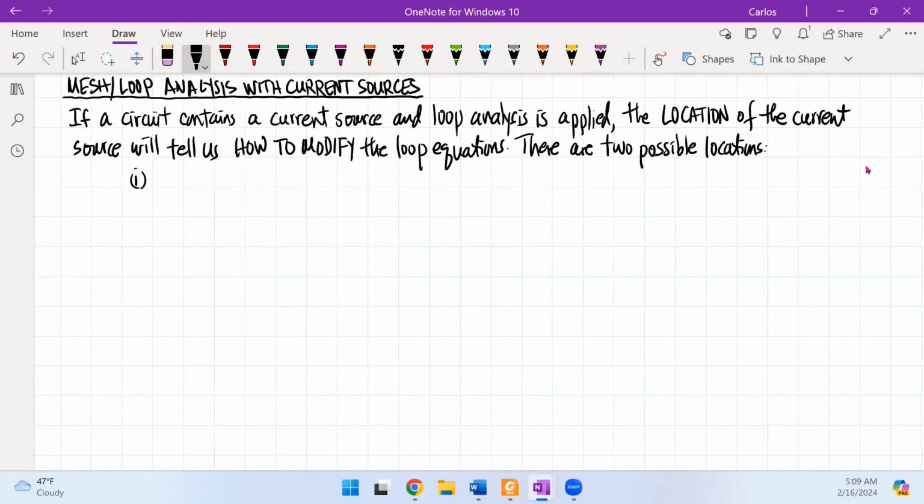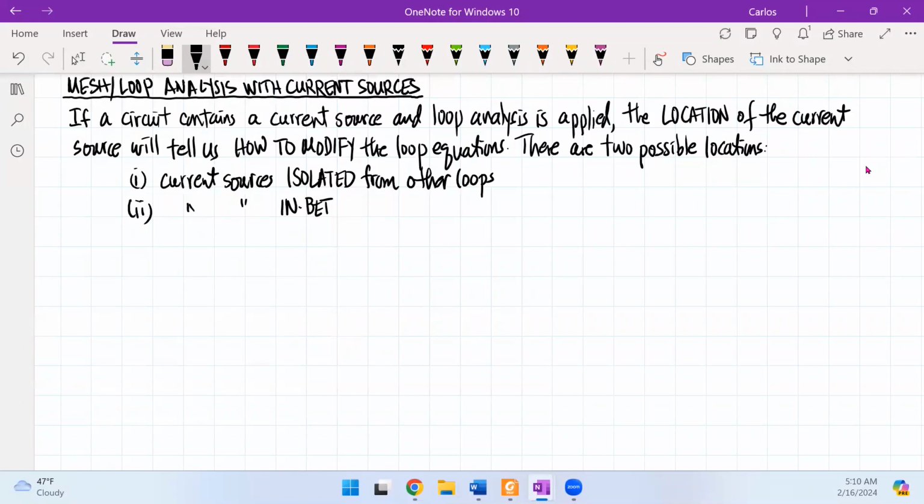One, we have current sources isolated from other loops, and then the opposite case where you have current sources in between two loops.